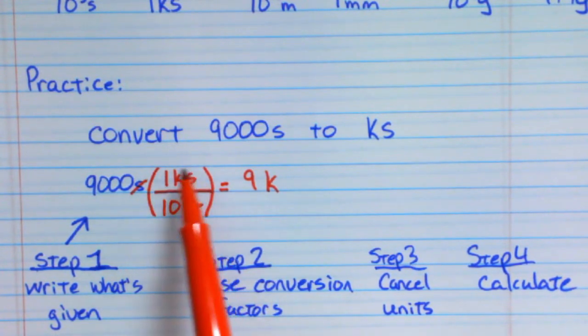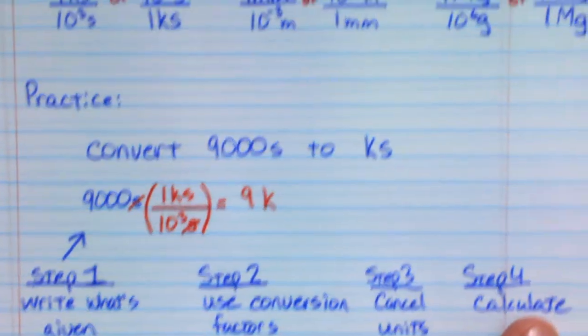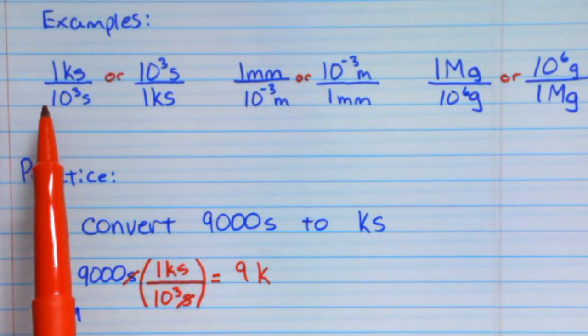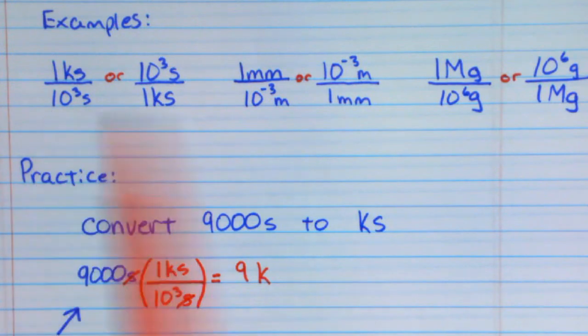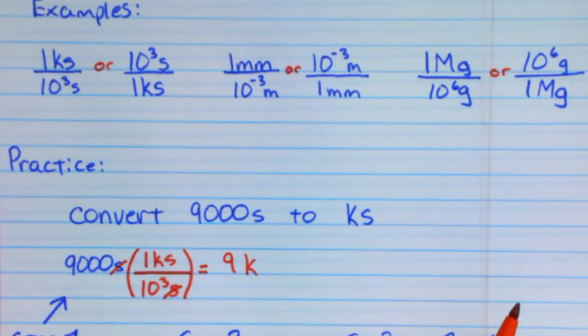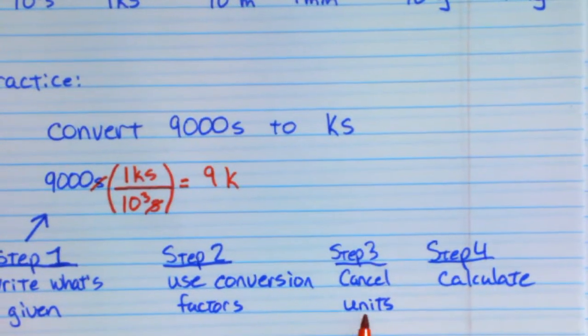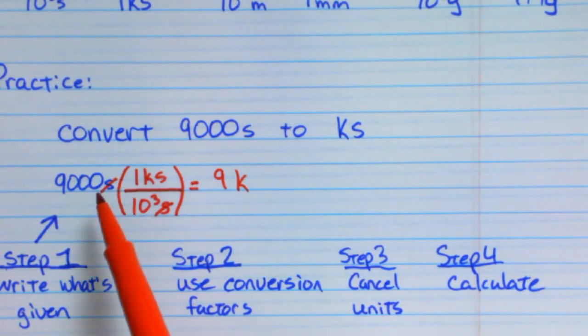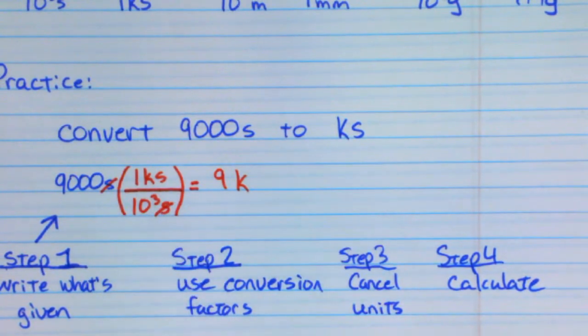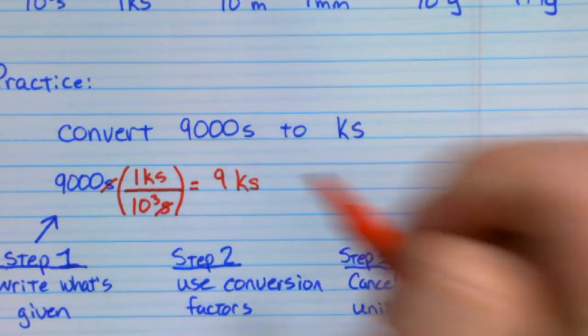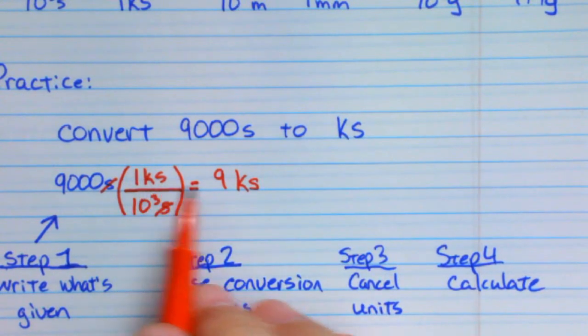We use the conversion factor right here. The third step, cancel units. We canceled our seconds. And the fourth step is to calculate. And then, of course, the only unit that's left over is a kilosecond.